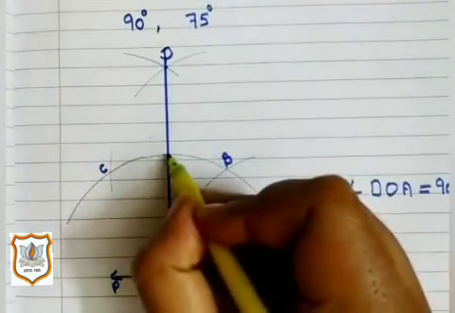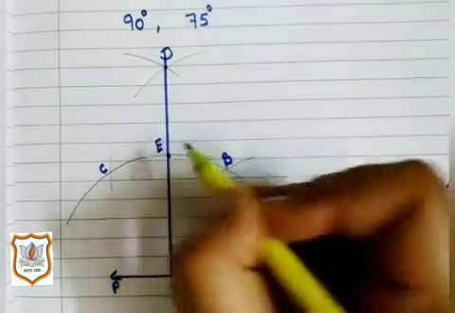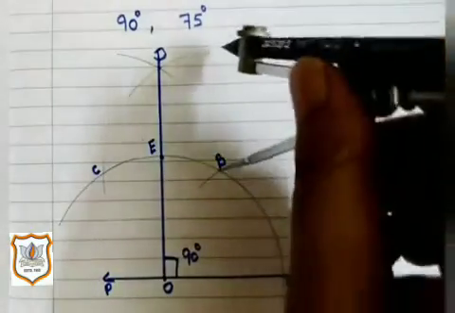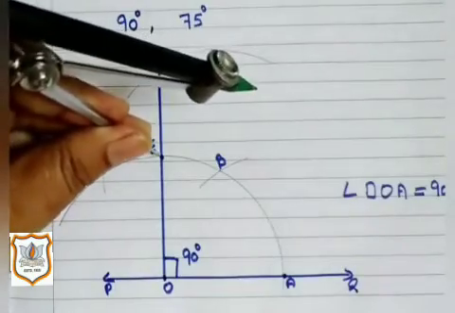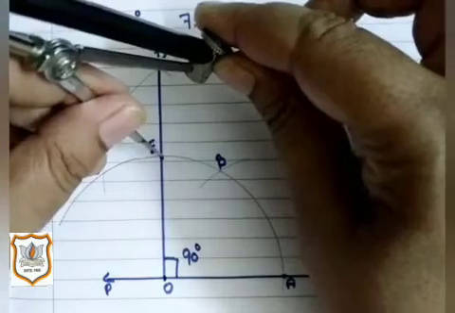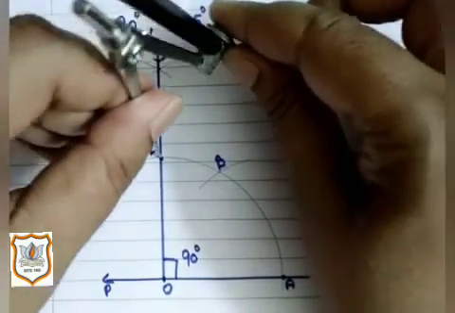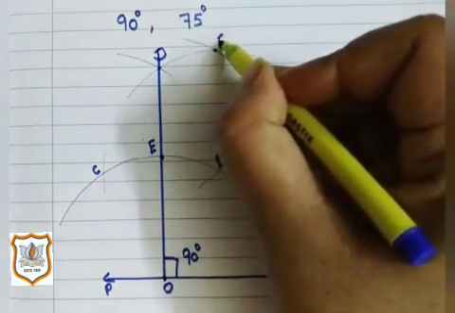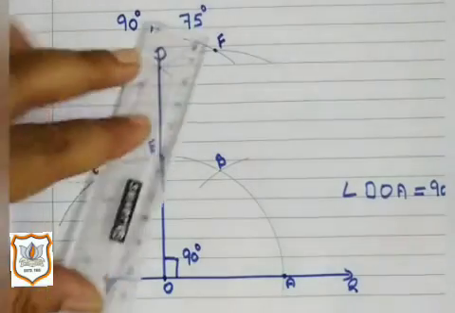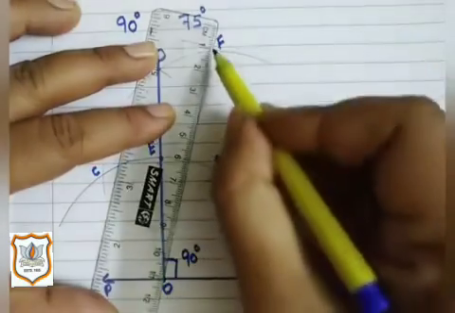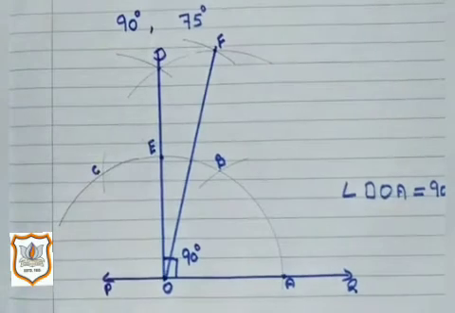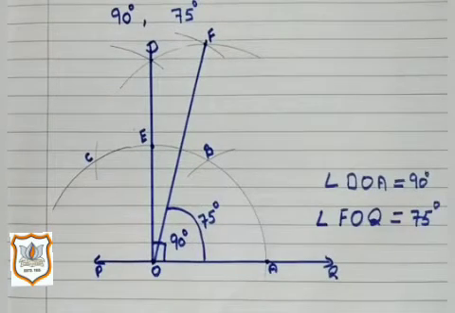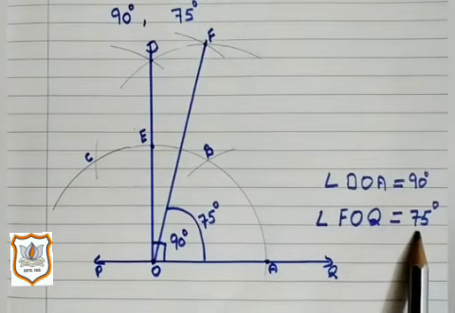Students, we will give the name of this cut as E. This is E. Now we will take B and E as centers, and we will draw arcs which intersect each other at the point F. Students, you can see here, these arcs cut each other at point F. Now we will join point F and O. This angle becomes a 75 degree angle. So angle FOQ is equal to 75 degree.